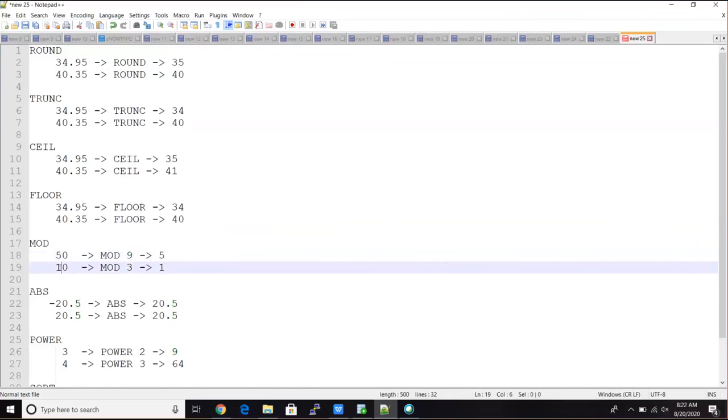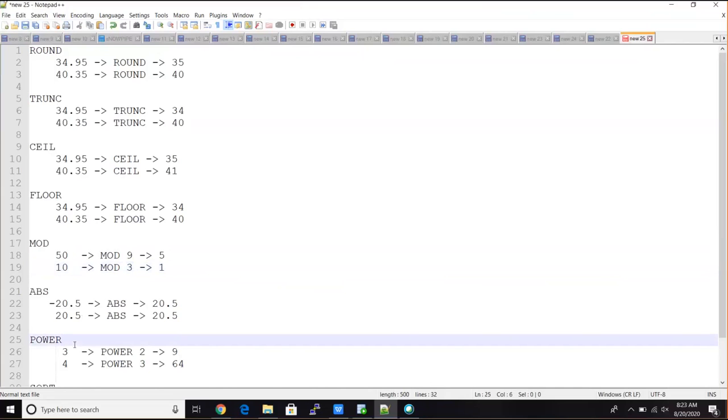Again, if you do 10 mod 3, divide 10 by 3, and the remaining value will be 1. That's the mod. I'm not explaining here the syntax to get this value. I will explain it in the next journeys. Today, my basic goal is to make you aware of all these functions.